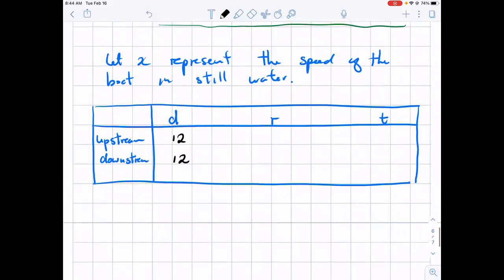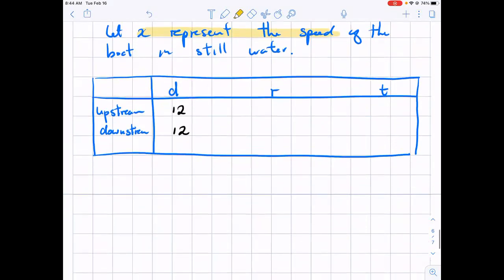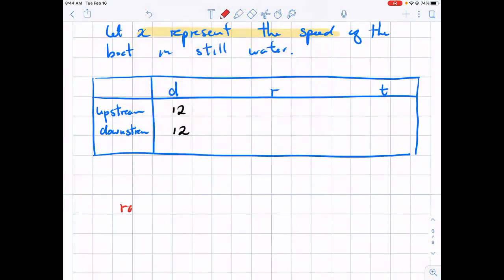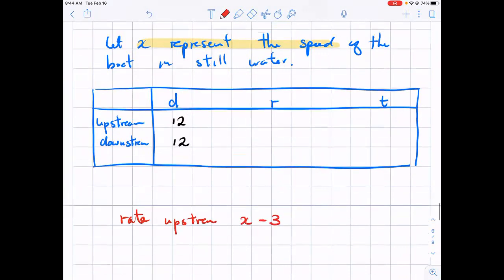So if x represents the speed of the boat, okay, therefore my rate upstream would be x, because it's the speed of the boat, minus the current of the water, okay?